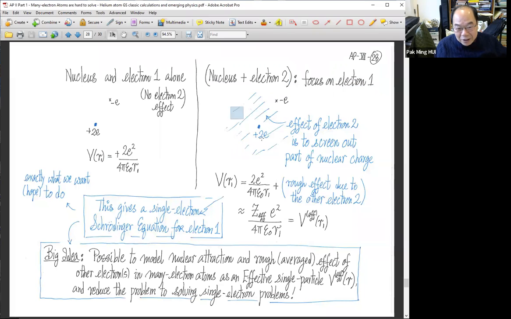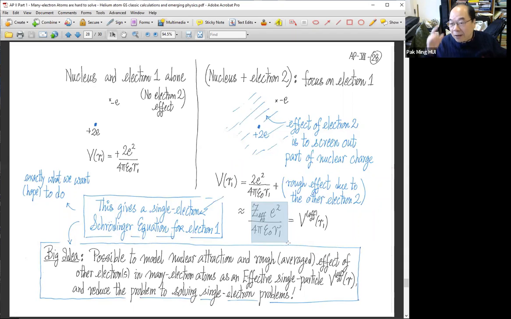So in effect, what electron number 1 sees is not the full plus charge, but the nucleus effect plus some repulsive effect due to electron number 2. These two can add up to an effective charge which is 1.6 something, okay? That looks something like that.